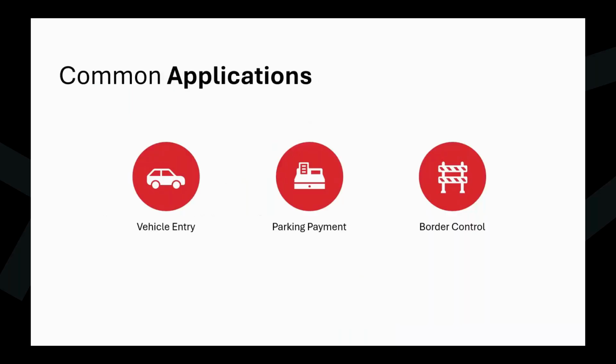So just to go through some common applications, we've seen obviously a big uptick in ticketless parking systems. Commercial and logistics sites, this is actually quite a hot one for us as we've been approached by some large e-retailers for their warehousing. Residential gated access, airports and transport hubs, border control and law enforcement, another big one for us at the moment, especially with conflict in Eastern Europe.